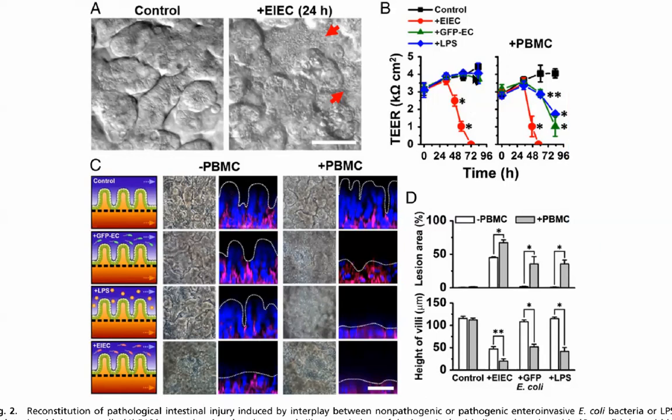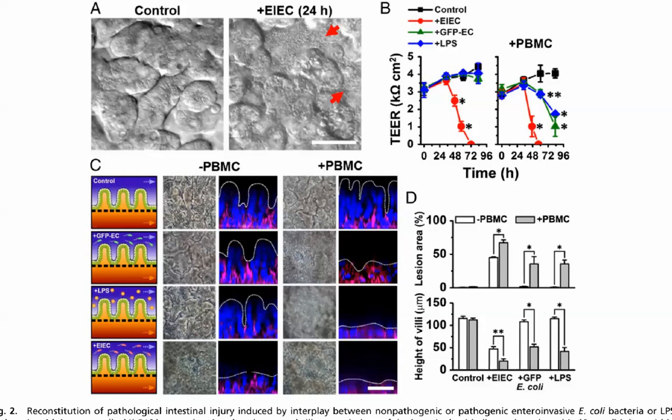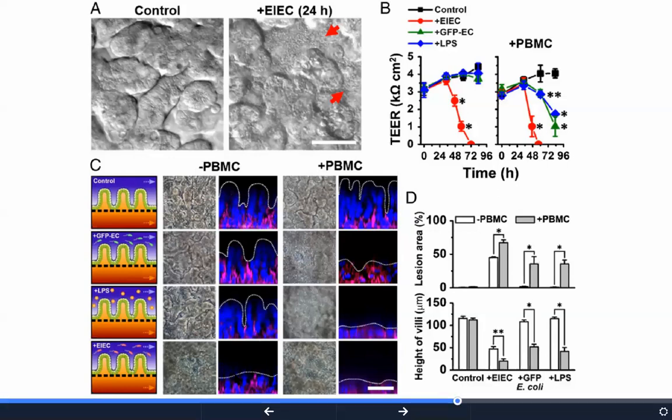They don't cause any injury on the villi structure. And from here we can see the morphology that the villi structure in the EIEC group actually disappeared in this condition.